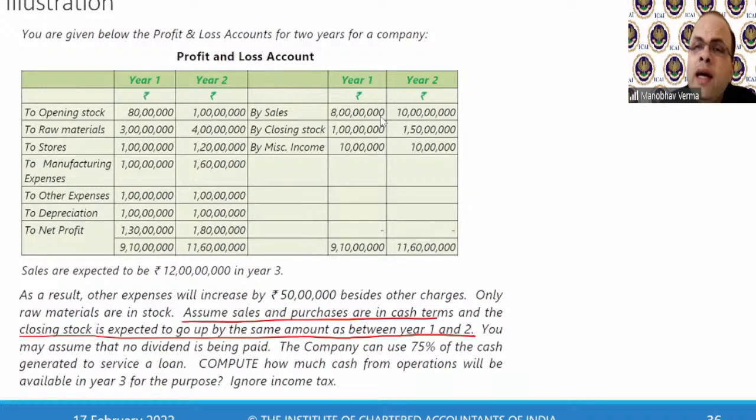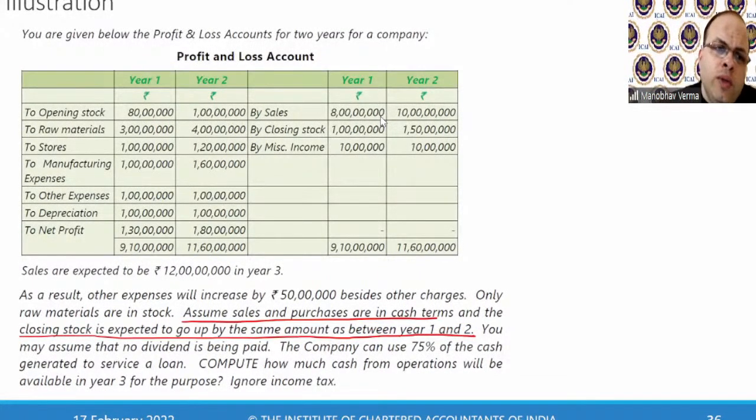Now we are looking at a consistent change in the closing stock, guys. It's important to understand that, and only raw material is in the stock. So if I'm talking about a consistency in the closing stock, and we have only raw material, probably we need to incorporate the changes in the stock balance.